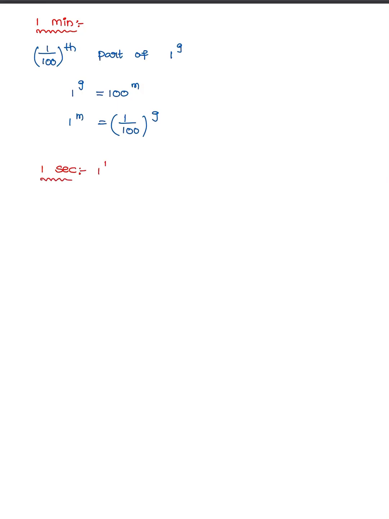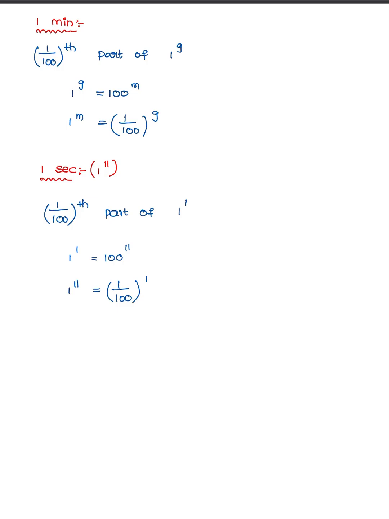Here again, 1 second is the 1 by 100th part of 1 minute. So 1 minute we can write as 100 seconds, and 1 second is equal to 1 by 100 minutes. Hope you understood this grade system also.